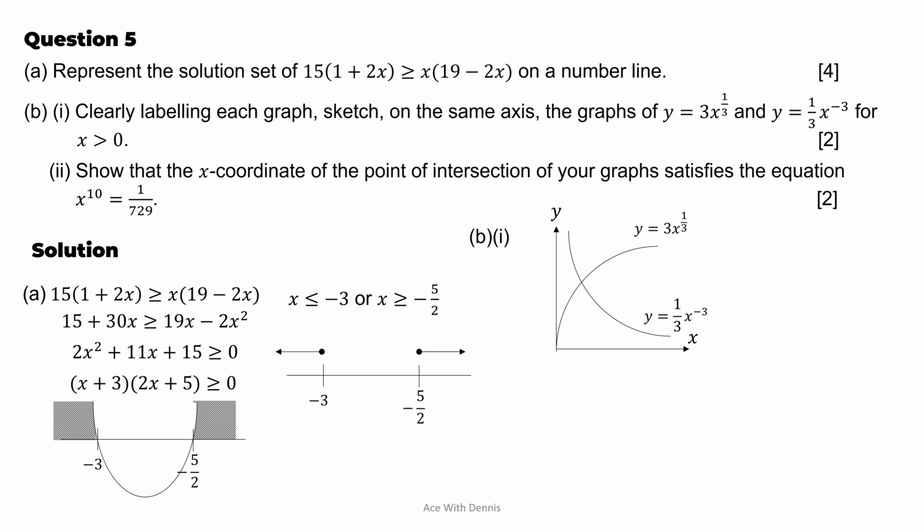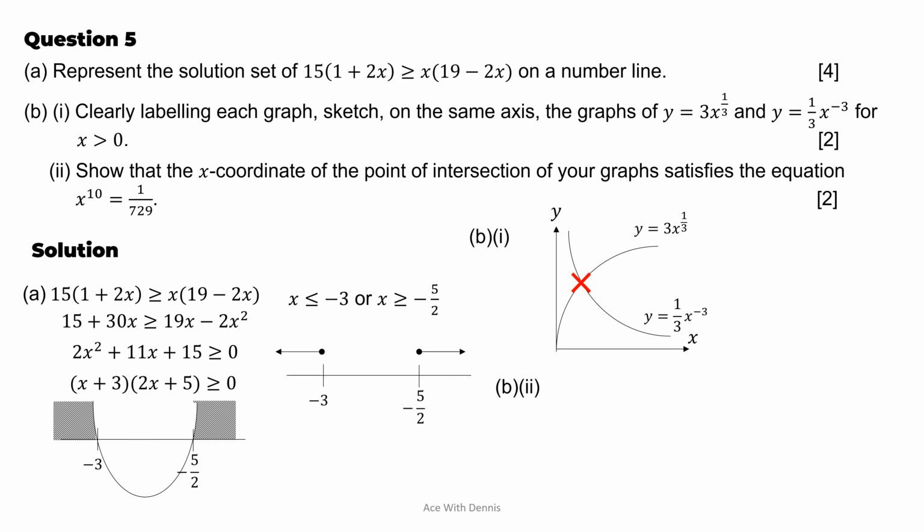And the next equation is y equals 1 over 3 x to the power negative 3, and this is how the graph looks. These graphs are standard graphs. You have to remember the shapes.